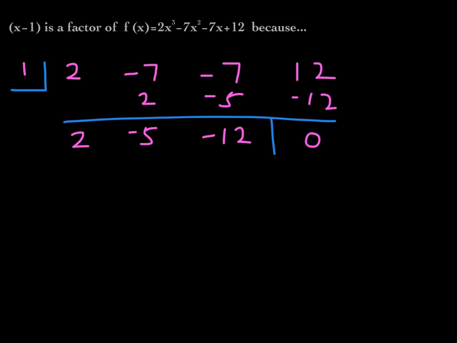Now, watch this. I want you to see the connection between division of polynomials, the remainder theorem, and the factor theorem. All of it leads us to being able to factor a polynomial like this, all right?